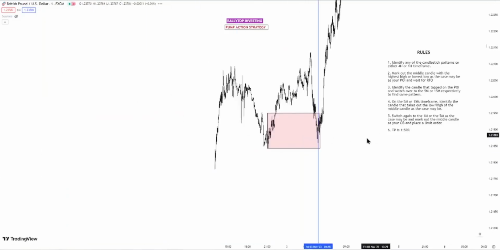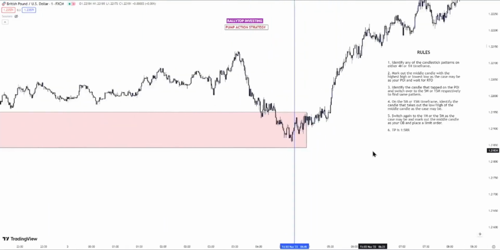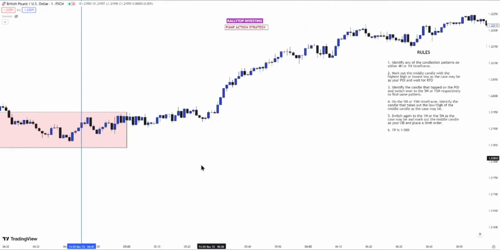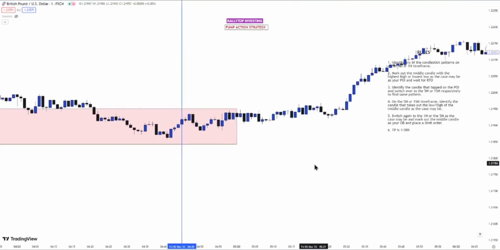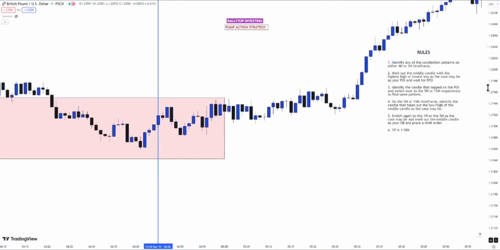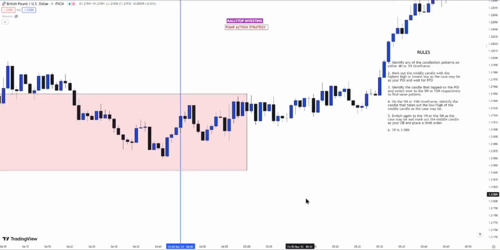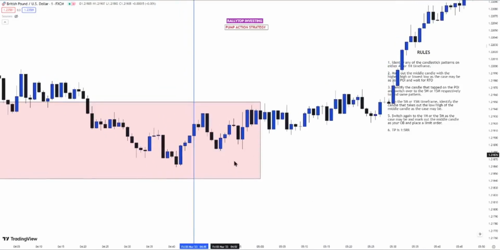Okay, so this is the 1M. That's the vertical line on the 1M. Okay. So now, on the 1M, we want to start looking for opportunities to buy this market. All right? Now, this is the first one.